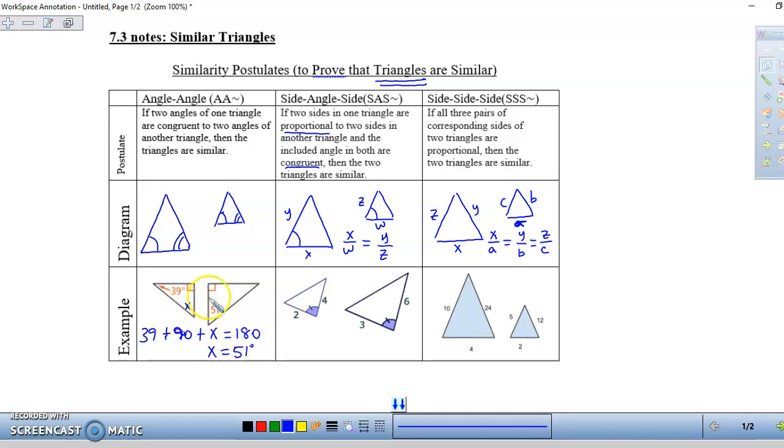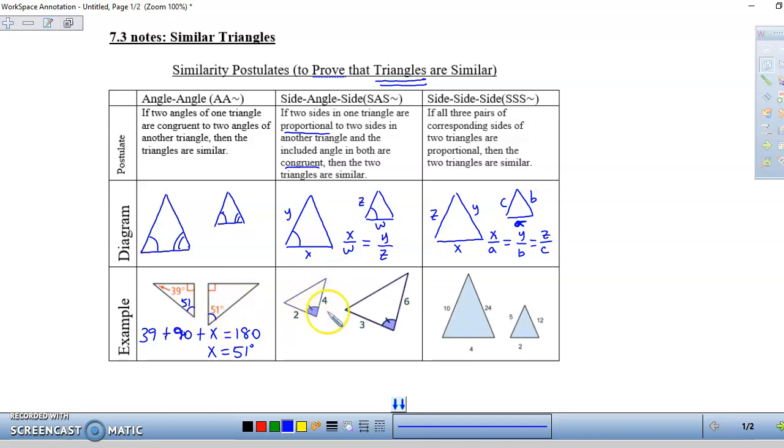So what that means is this triangle here, the missing angle is 51. That is enough information to say that these triangles are similar because the right angles are congruent, and then I have this 51 congruent to that 51. So by angle, angle similarity, these are similar triangles.